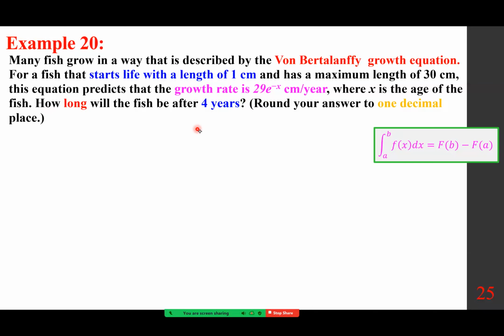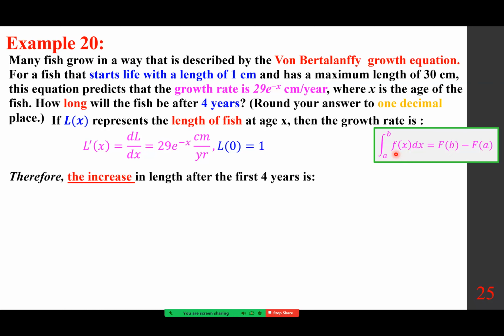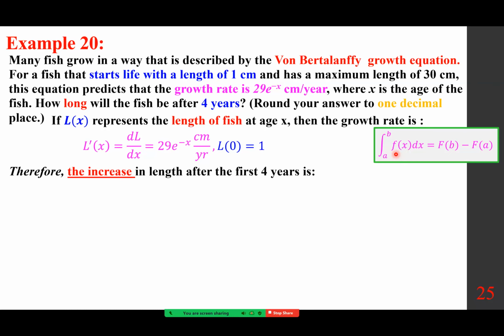So if capital L represents the length of the fish at any age x, its derivative L prime of x, or dL/dx, is this. So the amount of increase uses this definite integral from 0 to 4.